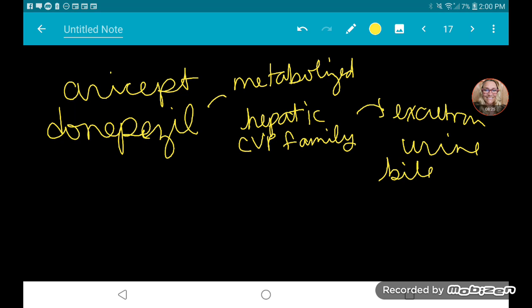All right. So let's talk about Aricept, which is the brand name for donepezil. This is metabolized by the hepatic CYP family and excreted by urine and bile.